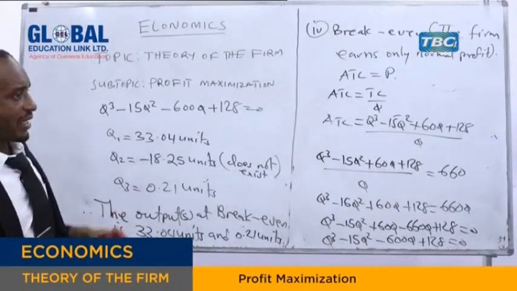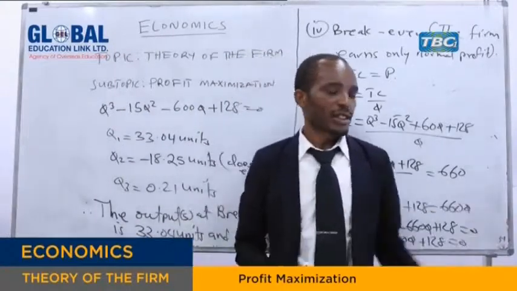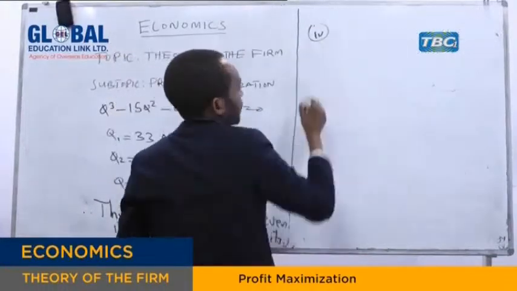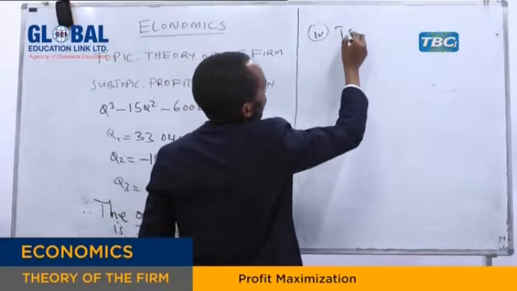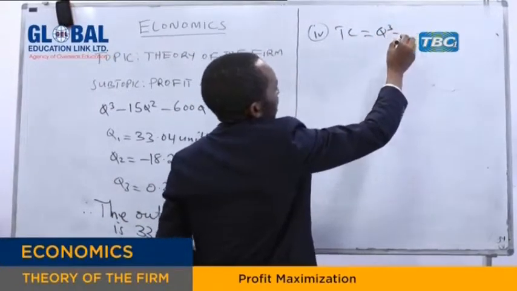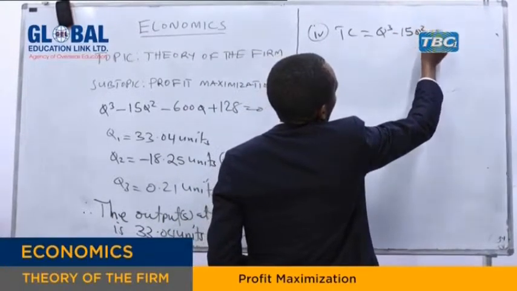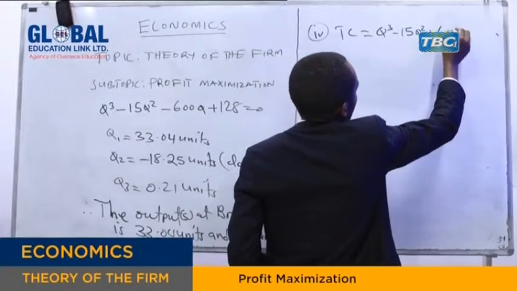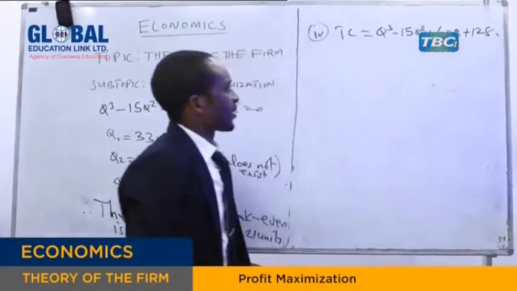The fifth case, we are asked to calculate the minimum cost. So we know our total cost function is Q cubic minus 15Q square plus 60Q plus 128.